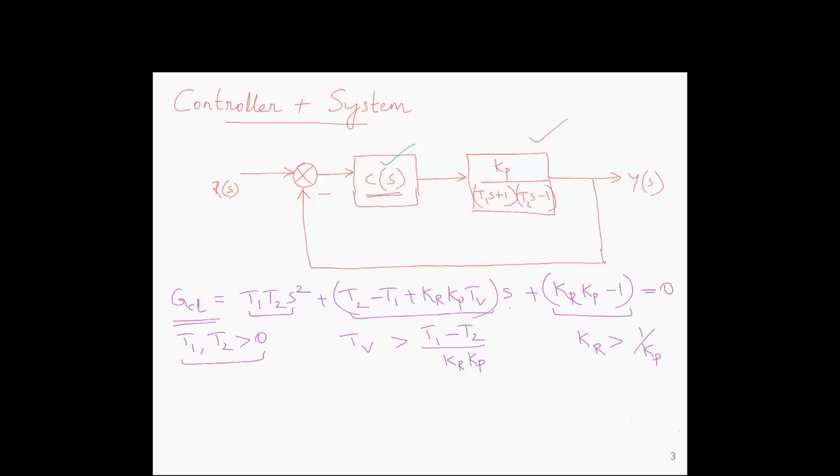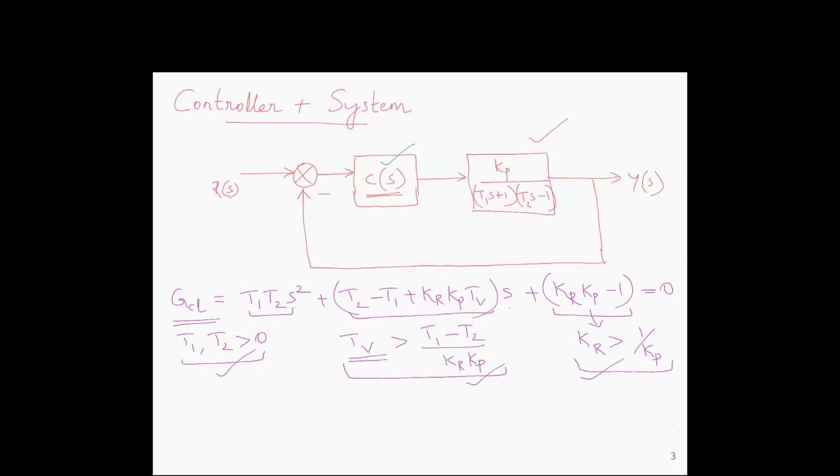From the second term, I get the condition that TD should be greater than (T1 minus T2) divided by KR KP. So the derivative time constant should be greater than (T1 minus T2) divided by KR KP. And KR will be greater than 1 by KP. That is the third condition derived from this. If these three conditions are satisfied, then the system is stabilized.